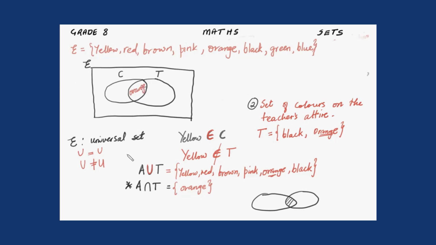Okay? Now, if we have put in orange, in set T, we are left with what? Black. So we'll have black here. In set, which set is that? Set C, all right? We are going to have yellow. I will use very tight writing, please.